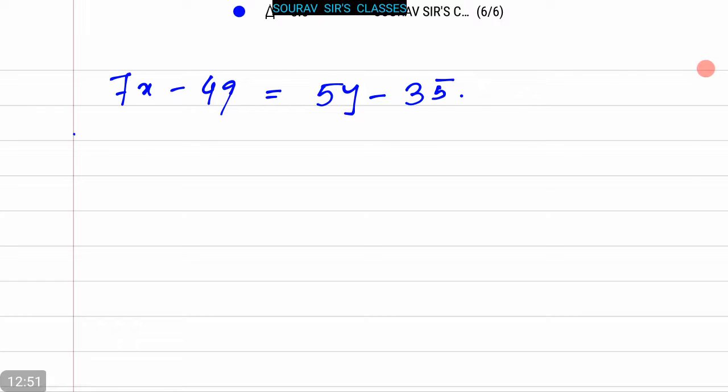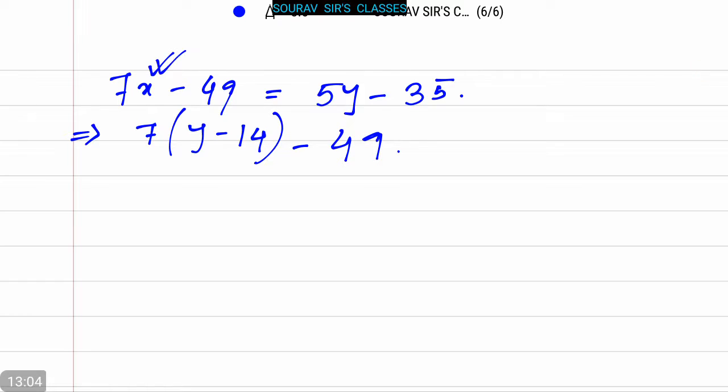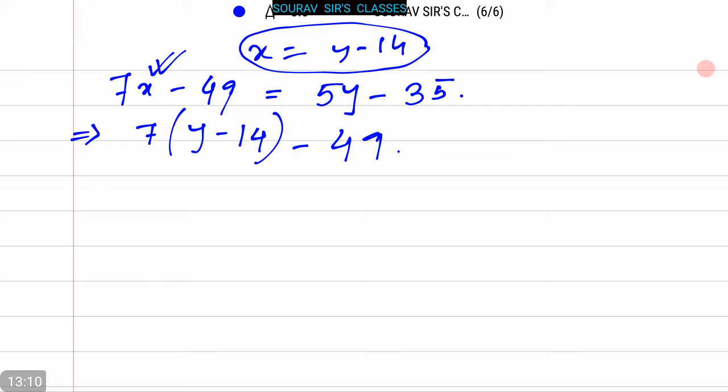Now again from this we can write 7 into (y minus 14) minus 49, putting the value of x that we derived before, x is equal to y minus 14, is equal to 5y minus 35.